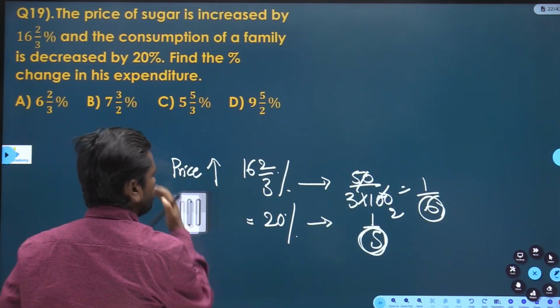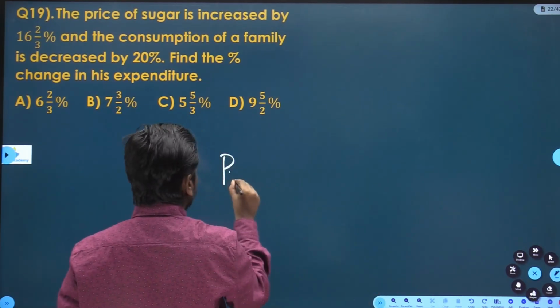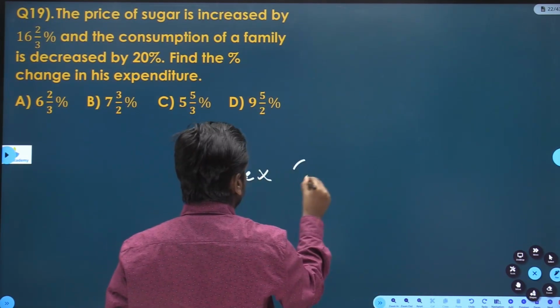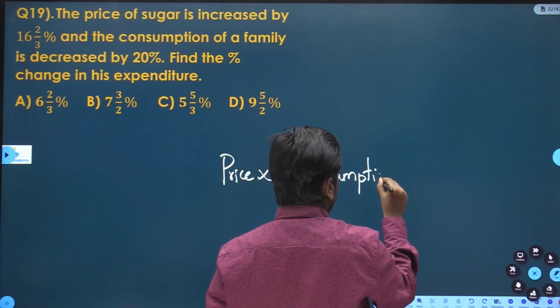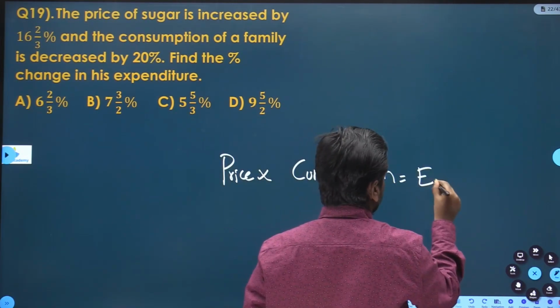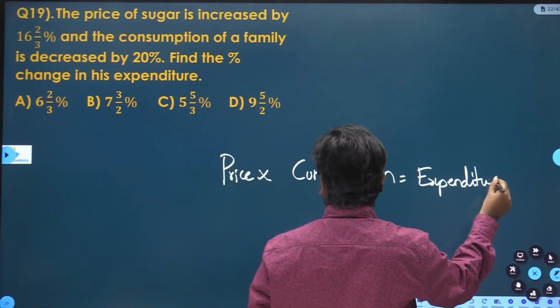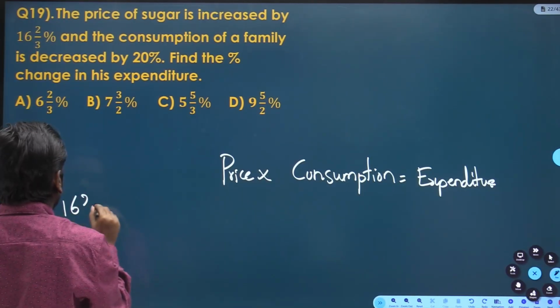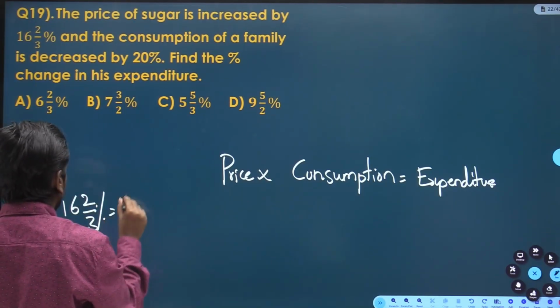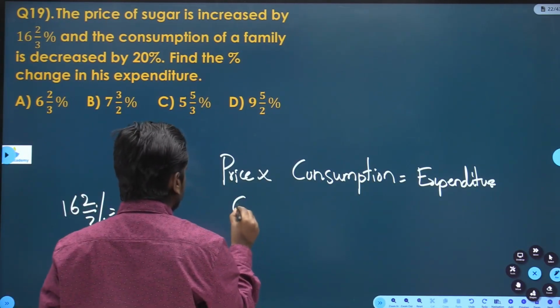So price into consumption, this one, 6 into 5 is 30.